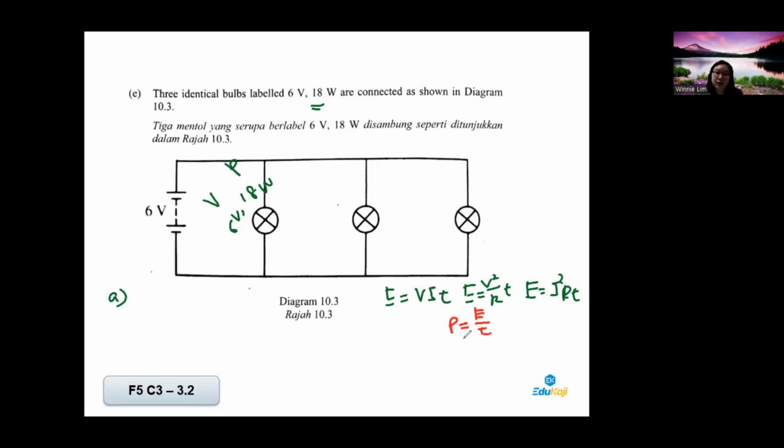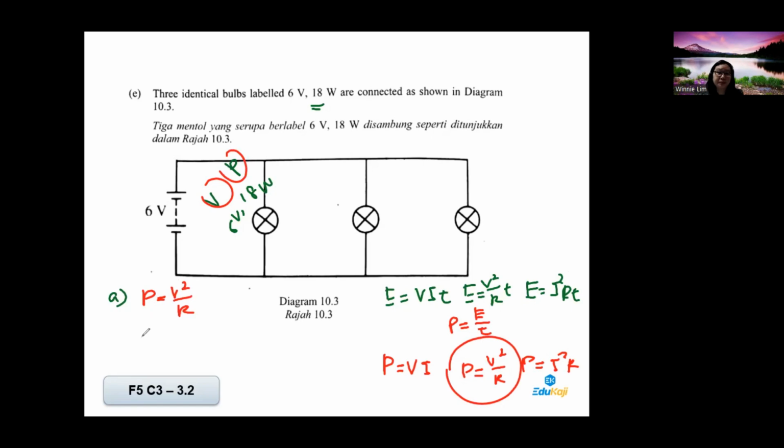So you cut all the t, you have the formulas for power: VI, V squared over R, and I squared R. So you have P and V, and you want to find R. So which one? This one. P equals V squared over R. Then you rearrange, R equals V squared over P. Then you substitute. You will have 6 squared divided by 18. Get the answer.